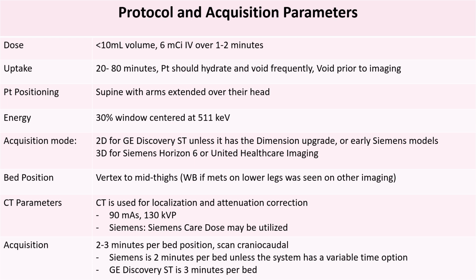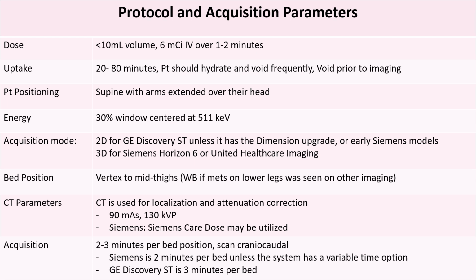The energy window is 30% centered on 511 keV. If you're using a GE Discovery ST, you will scan them in 2D mode unless it has a dimension upgrade. You'll scan the patient vertex to mid-thigh.